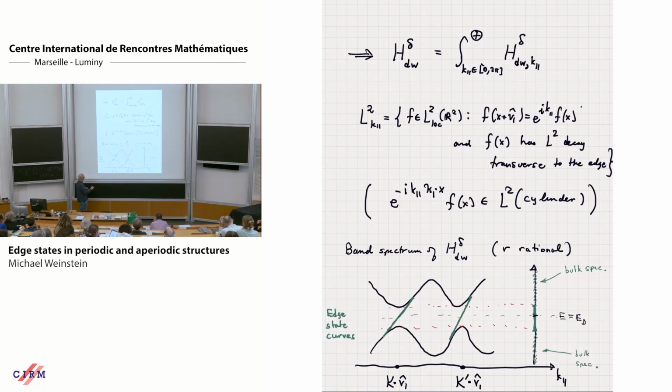Every point along here, for ranges of parallel quasi-momentum in a neighborhood of these points, will correspond to states which are exponentially localized transverse to the edge.